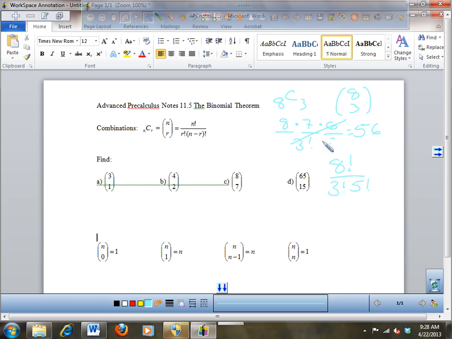The way this becomes this is they rewrite it as 8 times 7 times 6 times 5 factorial over 3 factorial times 5 factorial, because if I continued it, it goes 5 times 4 times 3 times 2 times 1. But those 5 factorials cancel out, so I get the same thing over here as I get over here: 56.